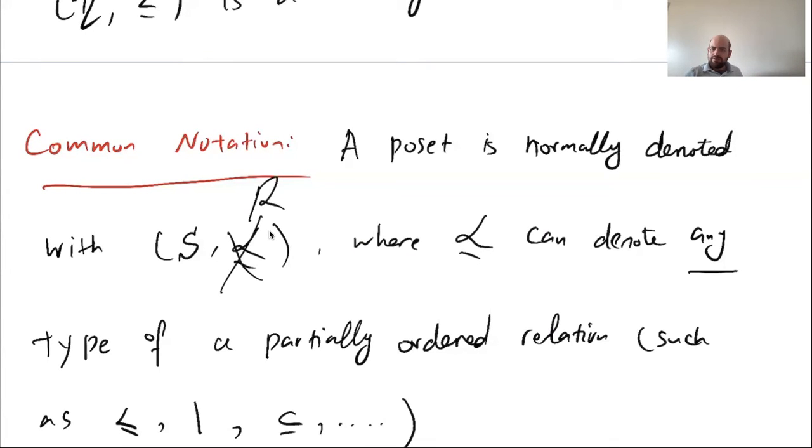So the curly less than or equal is just another notation for a poset, an alternative to writing the relation R. It is easier to write statements this way: instead of saying A R B, it's easier to say A is curly less than or equal to B. That's all. But if it confuses you, you can just delete it and replace it with R.